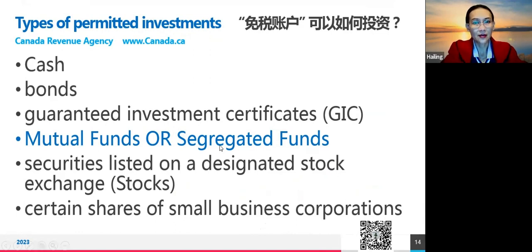Mutual funds or segregated funds are portfolios that have a combination of bonds and stocks. Then securities listed on a designated stock exchange, so those are stocks in the US market or the Canadian market. Those are the most common choices people will make. And then certain shares of small businesses or corporations. So those are the holdings in your tax-free saving account.